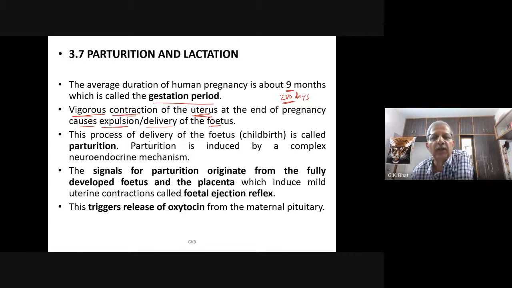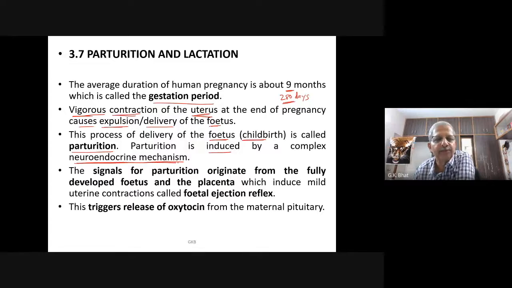This process of delivery of a fetus is called childbirth. It is also called parturition, or simply delivery. The parturition is induced by a complex neuroendocrine mechanism, a very, very important mechanism.